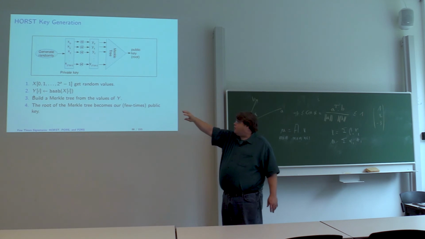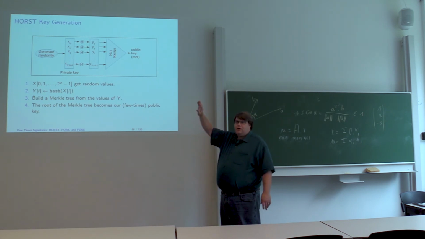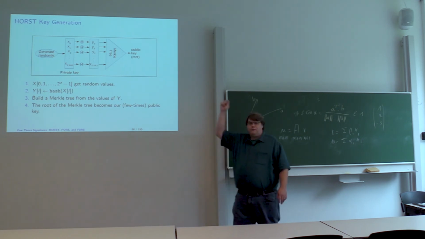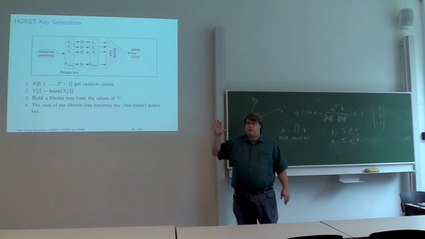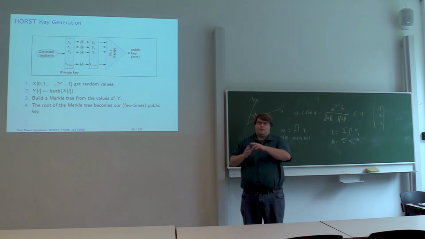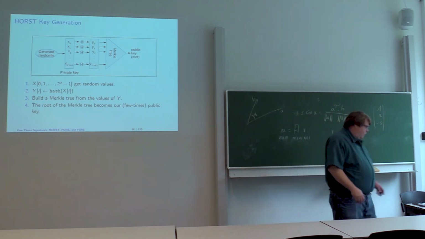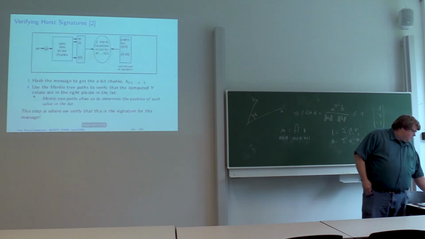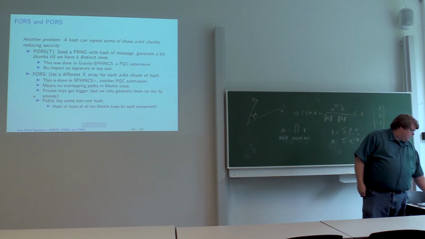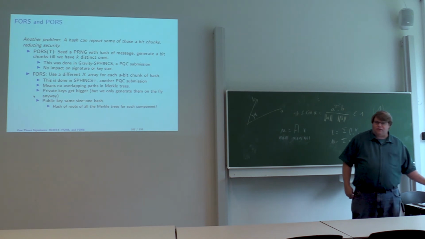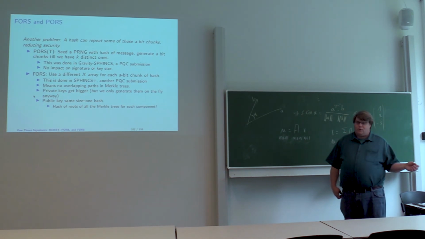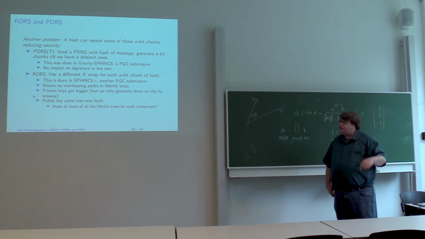We do it for the first 16-bit chunk, and then a new one for the second, the third, etc. We're going to have a whole bunch of Merkle trees. In this case, we would have 16 Merkle trees, and then of course you could hash all those together to get the final key. So that's probably less efficient, a little uglier. It might make the security analysis a little simpler, because you don't have to worry about repetitions from different positions.